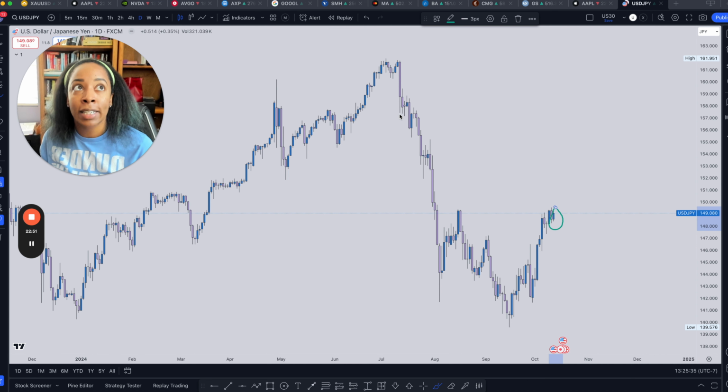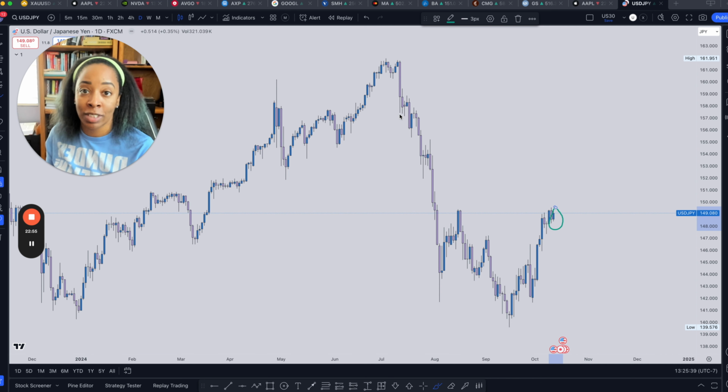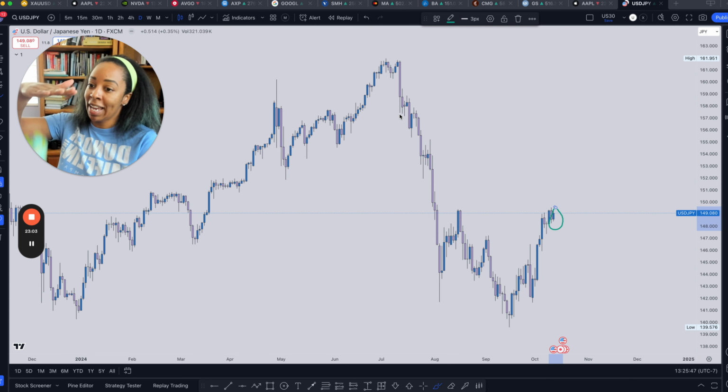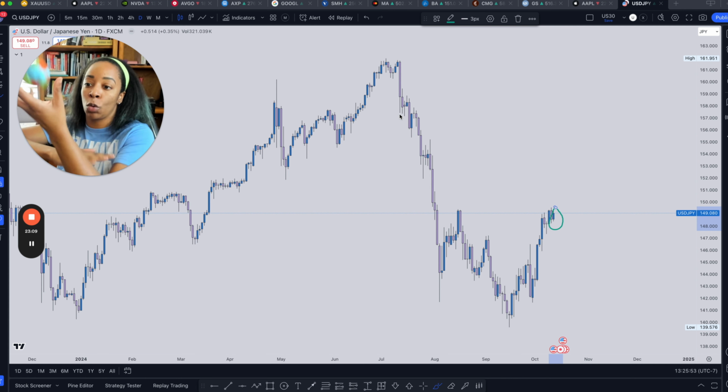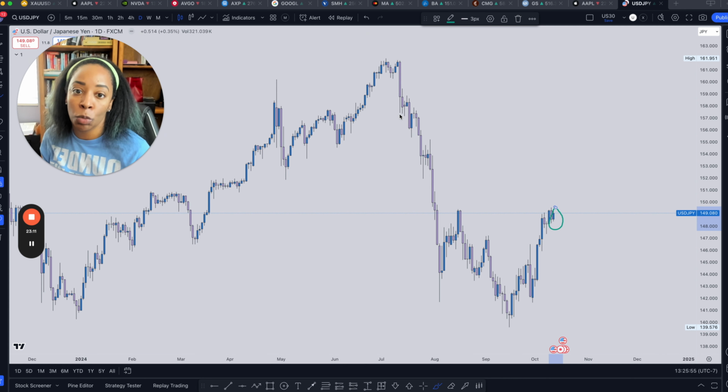And another thing to help you when taking this into consideration from a risk management standpoint, you want to know that just because a price level has held in the past doesn't mean that it always will. So if we have price hitting this level and constantly bouncing off, eventually price is going to go through and continue pushing up if you're looking for an opportunity to sell at a resistance.